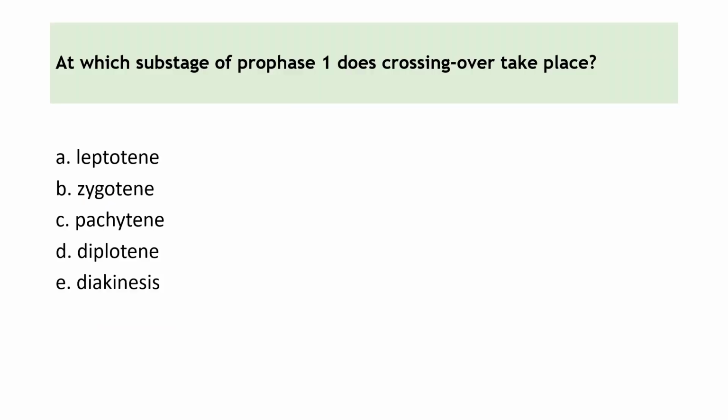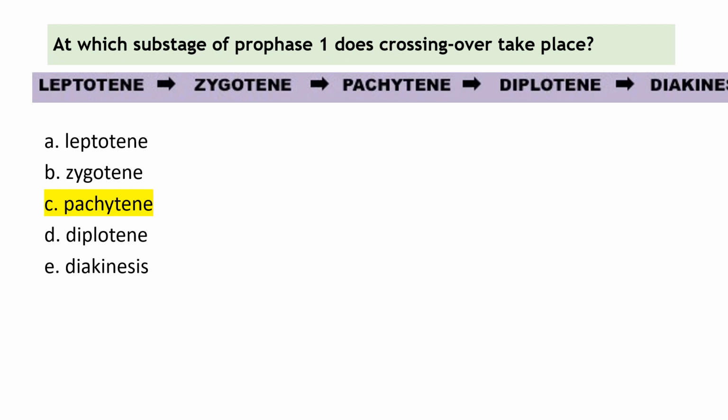Okay, at what substage of prophase one does crossover take place? So the question, they're asking you a substage, and here you can see the five substages, and I'm sure that you already know the answer. I have been repeating that multiple times. So I'm sure that you know this: pachytene.